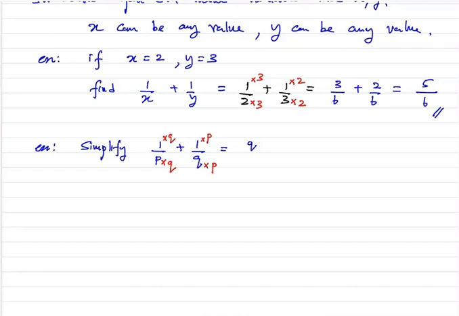And divided by P times Q is PQ. Plus 1 times P is P, divided by, again, PQ. Then the answer would be P plus Q divided by PQ.